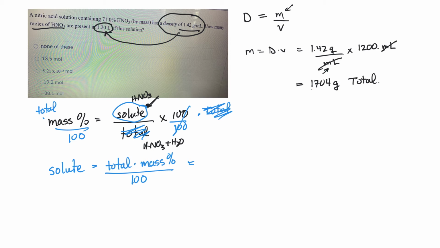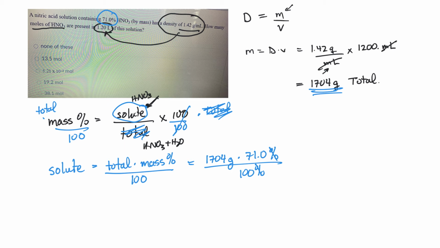So the total is this number that we got right there. So 1704 grams times the mass percent, they said is 71. So 71.0% divided by 100%. So the hundreds go away. Okay, so now let's do that calculation. And I was all excited when I did that.